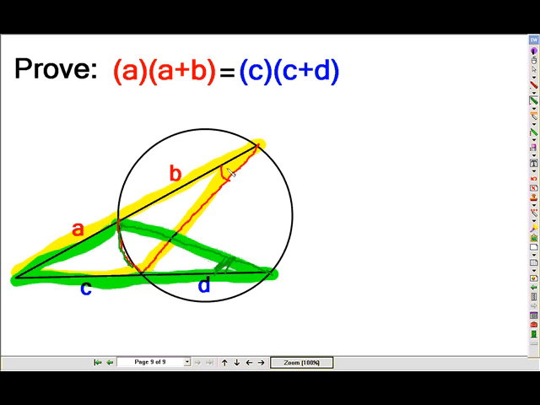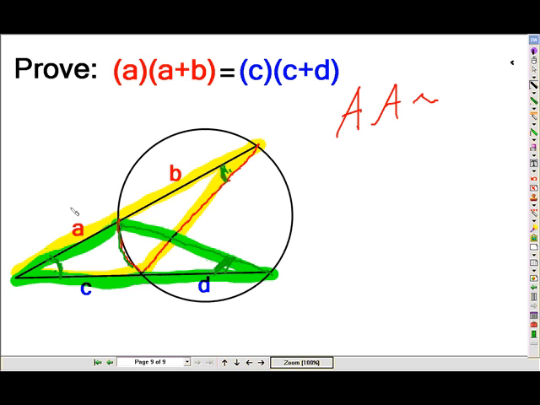Therefore, this angle up here is congruent to this angle down here. That's one pair of congruent angles. The triangles overlap on this angle right here, and that's two angles congruent. The green triangle has these two angles, and the yellow triangle has this one and that. And we call that, once again, angle-angle similarity.